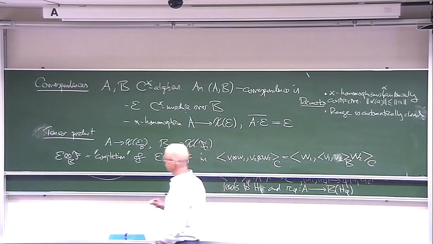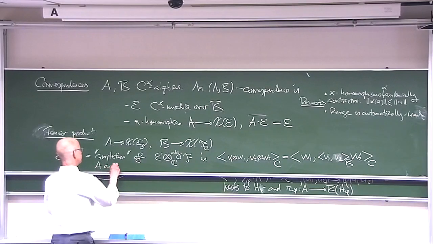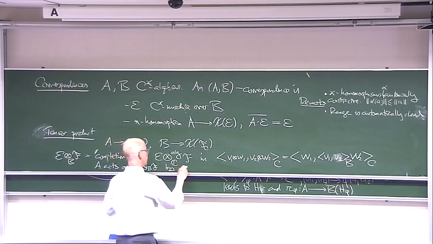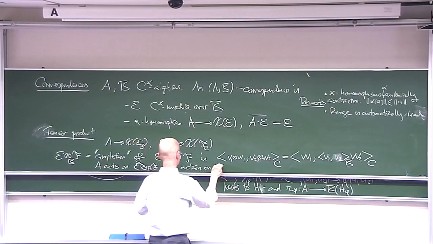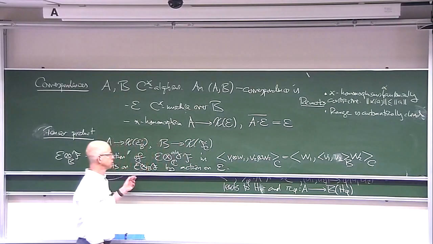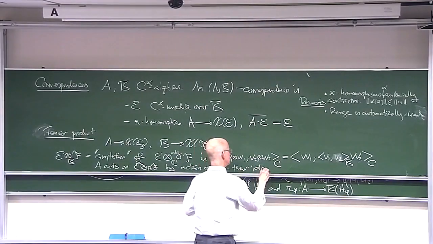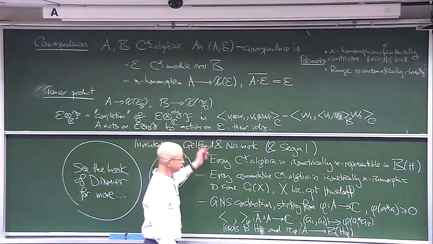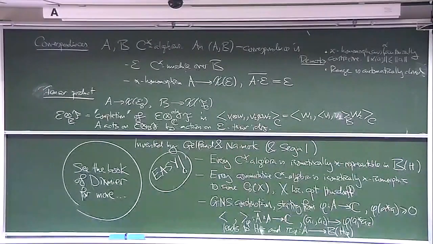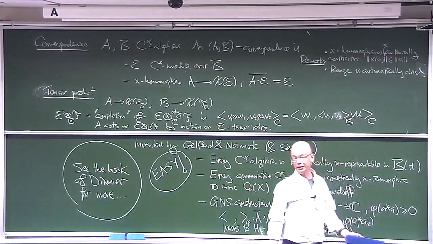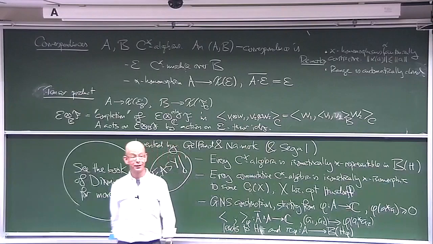And when you do that, A acts on the tensor product by the action just on the factor E. It's very easy when you have norms around. A lot of the norms hide a lot of difficulties in constructing these balanced tensor products. You just build a complex vector space, you divide out by the zero length vectors, and then you have the object.